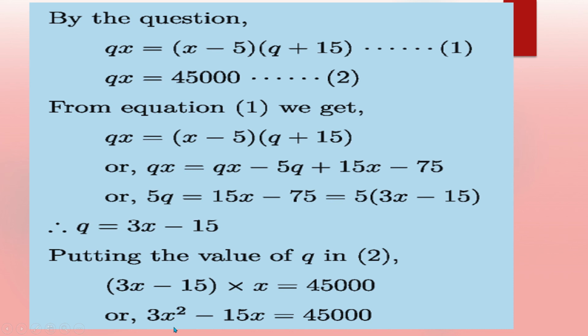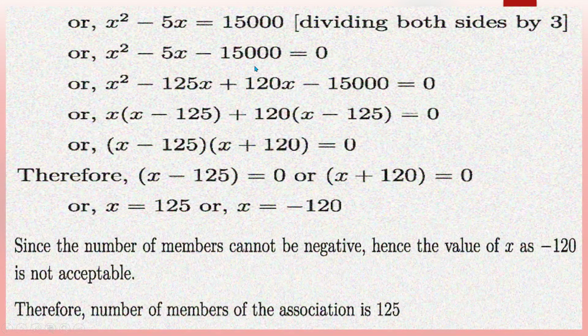Now multiplying, here will be 3x square minus 15x, and the right side will be 45,000. Now this convert into left side, we will get this. Okay, and here the middle factor minus 125x plus 120. Here this fixed. Now take common here x, here will be x minus 125 plus 120 common, here will be x minus 125.